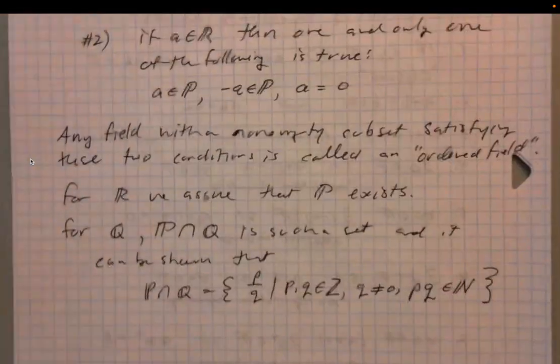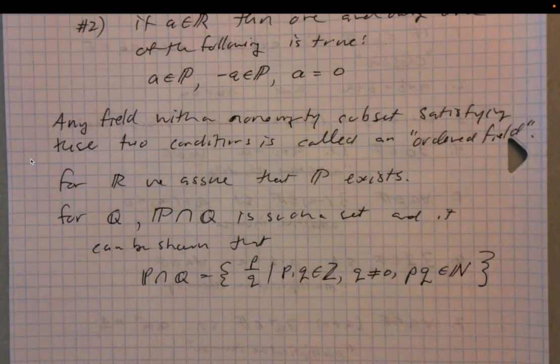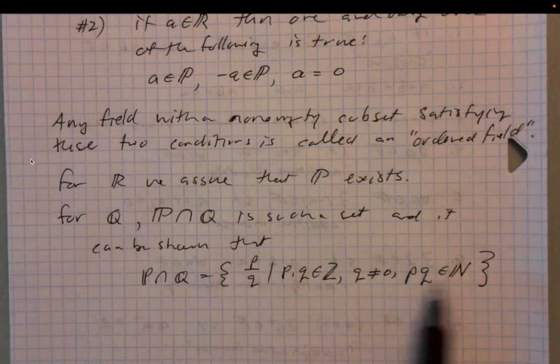Okay, so that's something that could be shown, and I think you could imagine really that's not hard to believe, right? Obviously, we're just defining rational numbers here, and then this third condition just says, well, if we're talking about a positive rational number, then the numerator and the denominator have to either both be positive or both be negative, right? Which would satisfy this condition here. pq is in N, right? N being the natural numbers.